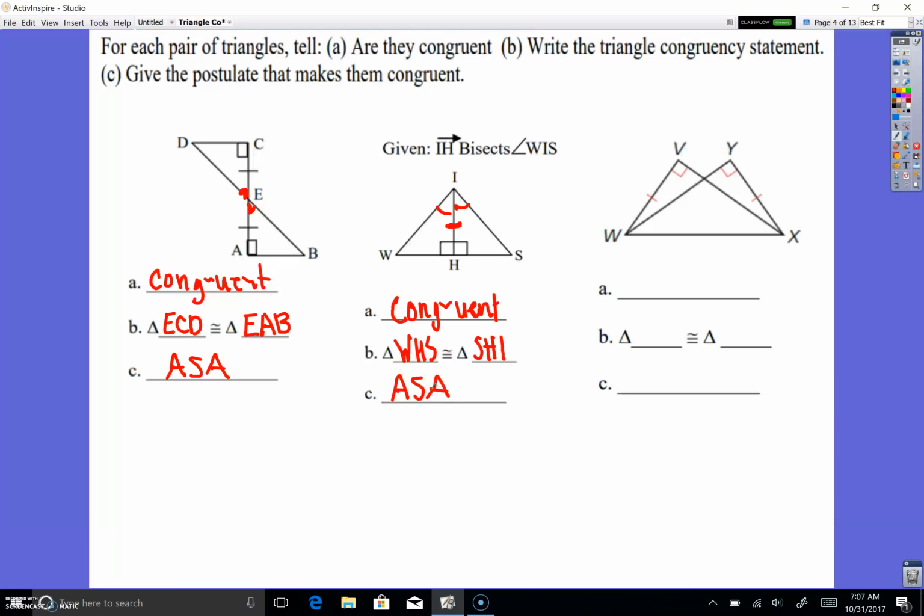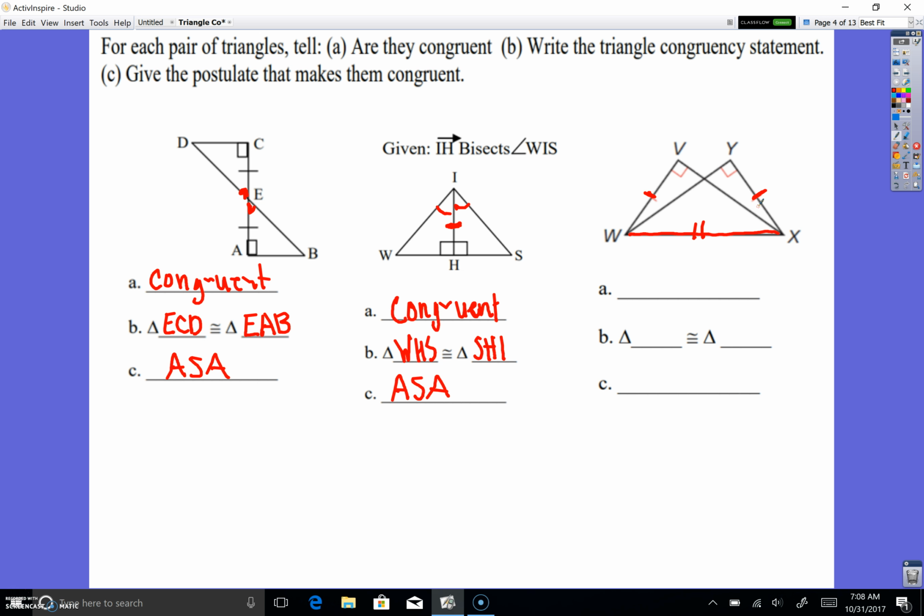All right, the last one. We have right triangles here. This is the same as this. If you look at it, WX is shared by both triangles, so that's the same. So right here I have angle, side, side, which is not a reason, but because this is a right triangle, I can use hypotenuse, leg.